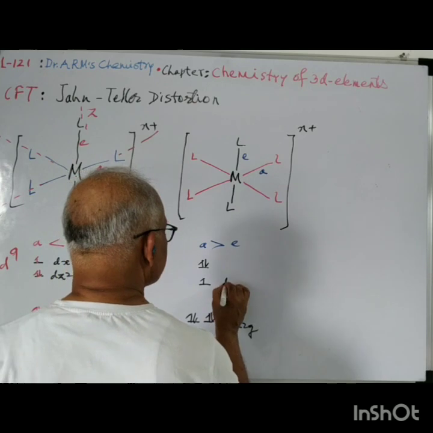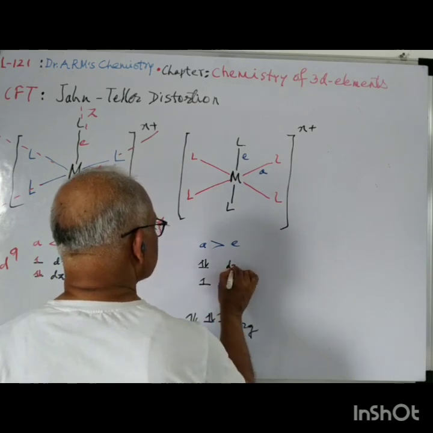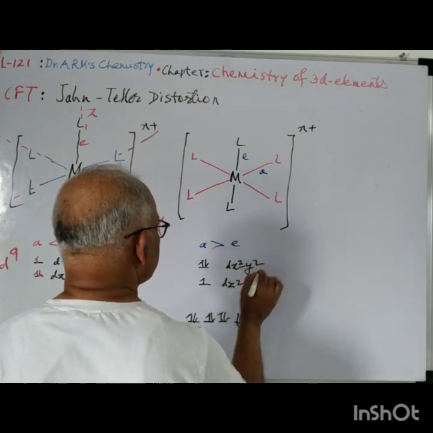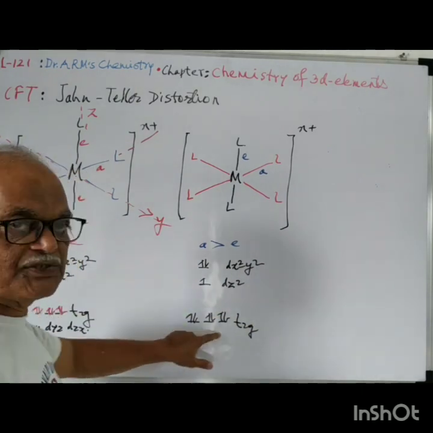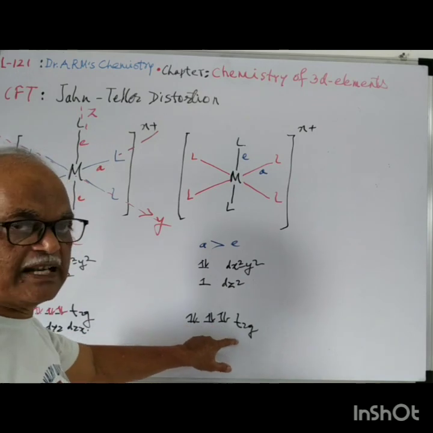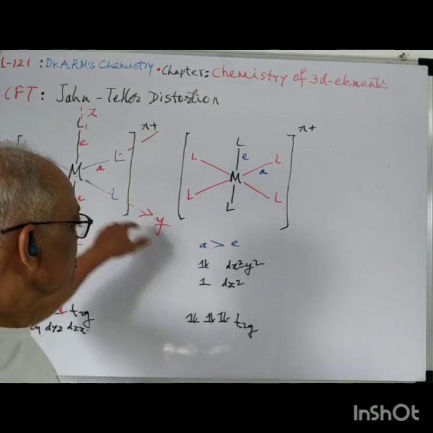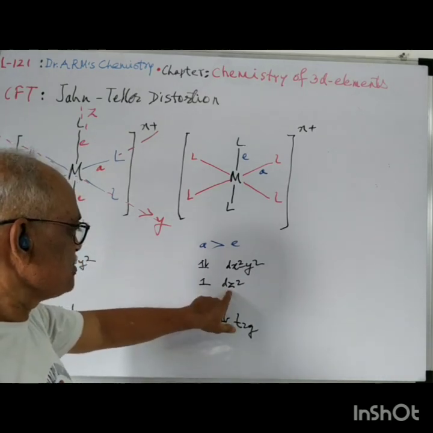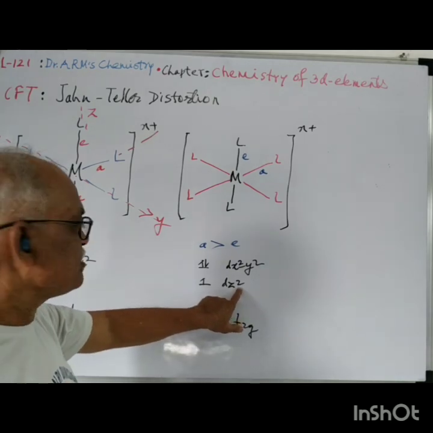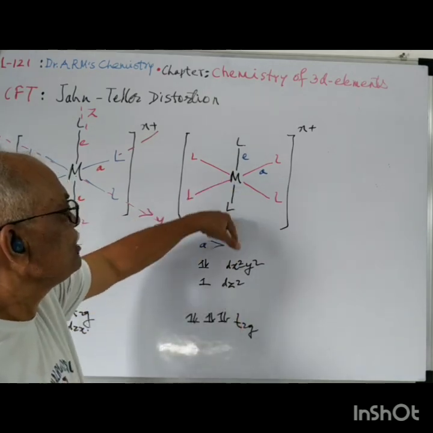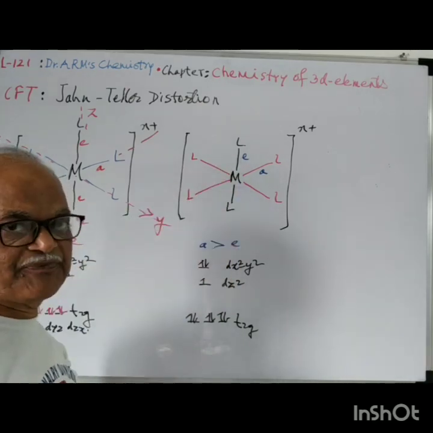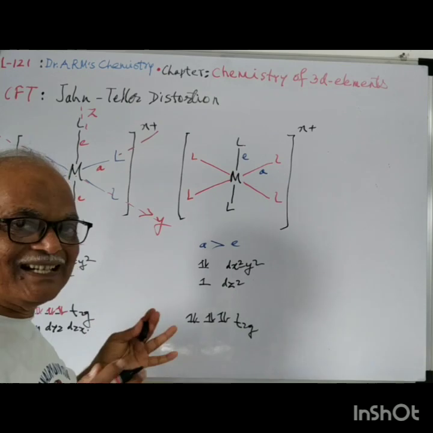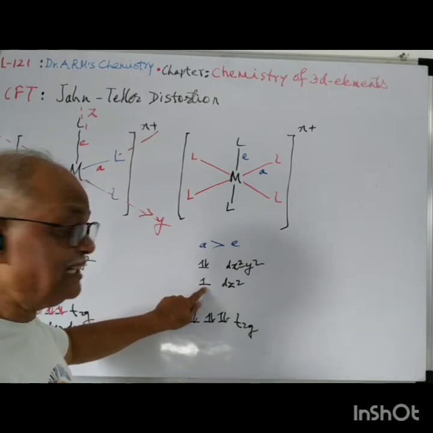So this is dZ2, this is dx2 minus y2. Here these 3 electron pairs are same, that is T2G has same situation here. There is 1 electron in the direction of z axis. So the repulsion between this metal and ligands is relatively less because there is 1 electron.